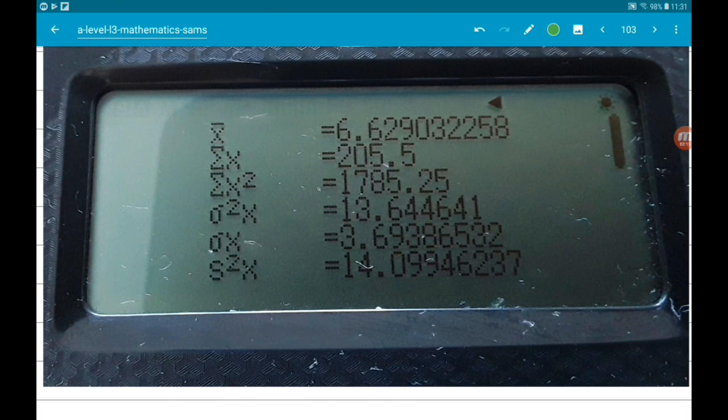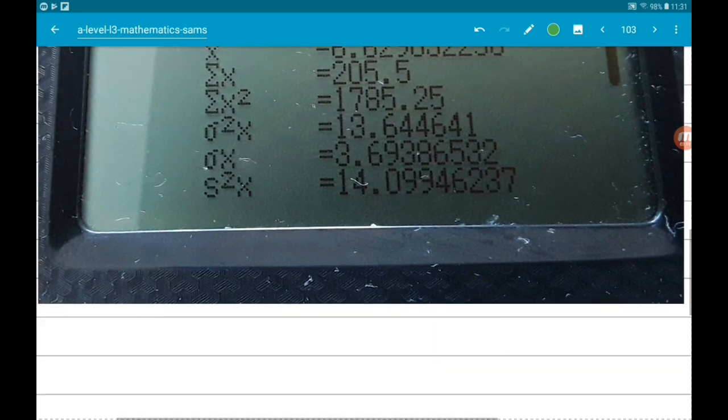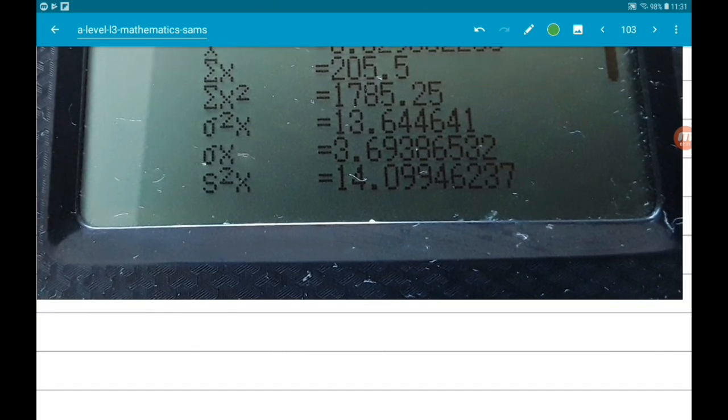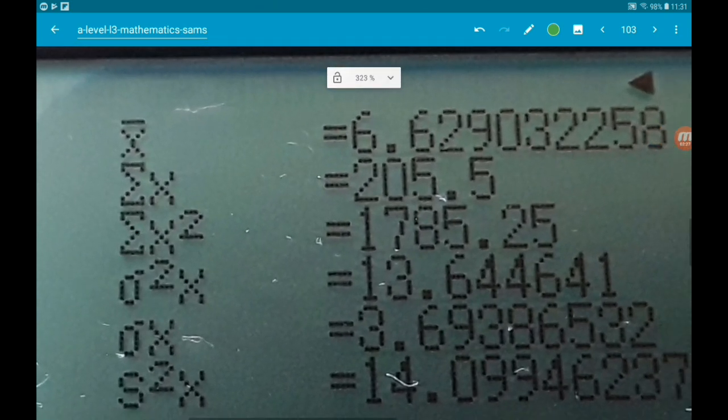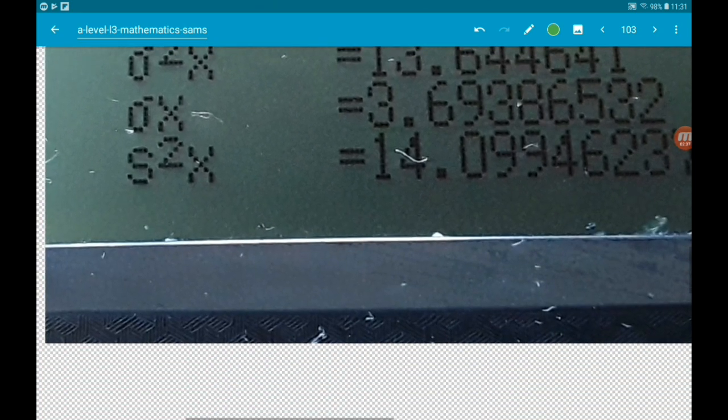So for us, our variable is y, not x. So y bar is equal to, now it's set to 3 sig figs, so that would be 6.63.